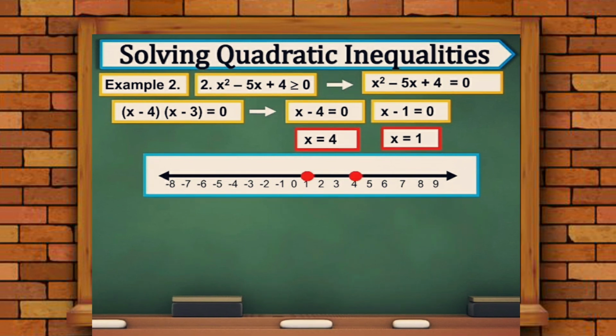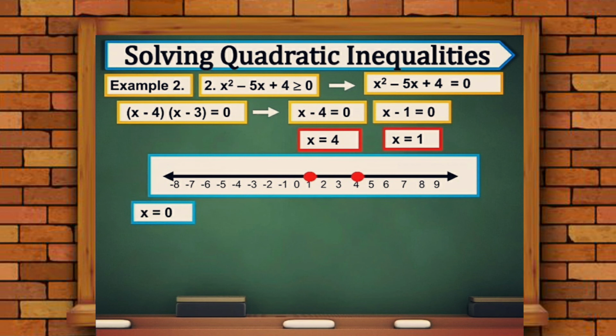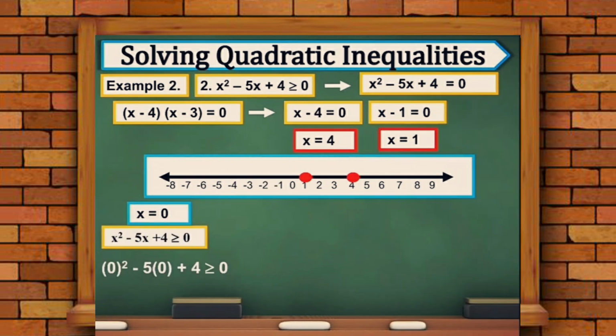Next, we will get a test point. So, we will have x is equal to 0. Then, substitute the value of x by 0. So, it will become 0 raised to the power of 2 minus 5 times the quantity of 0 plus 4 is greater than or equal to 0.